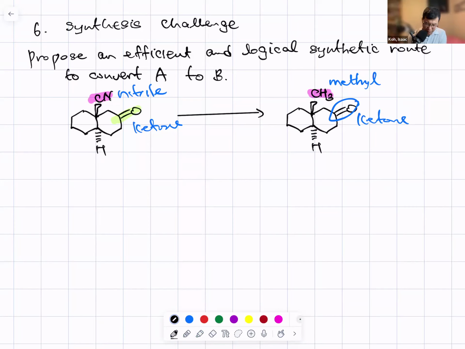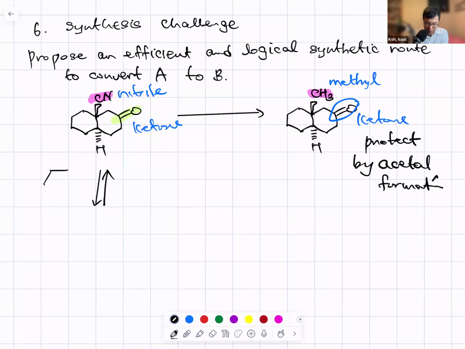So we need to protect the ketone by acetal formation, protection and deprotection. All right, so the first step, let's treat this one with ethylene glycol in acidic condition, and let's take water out.